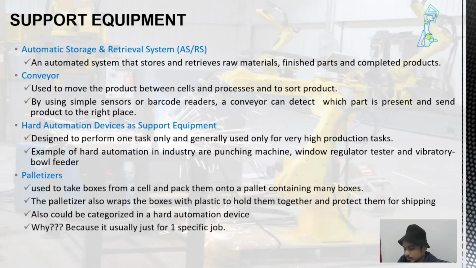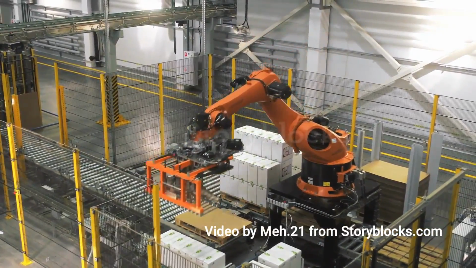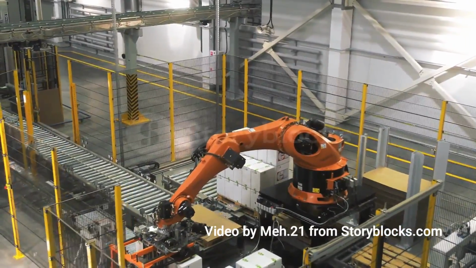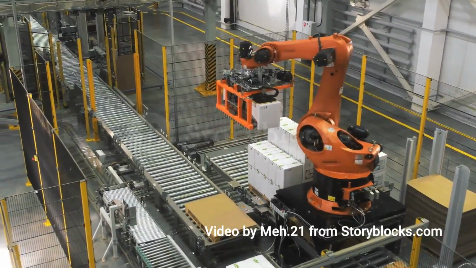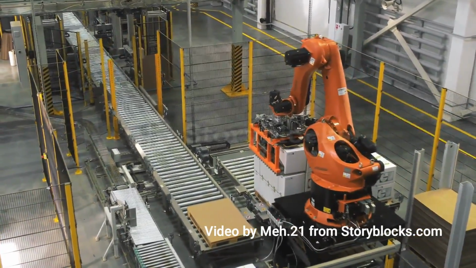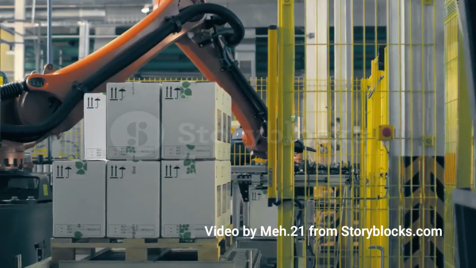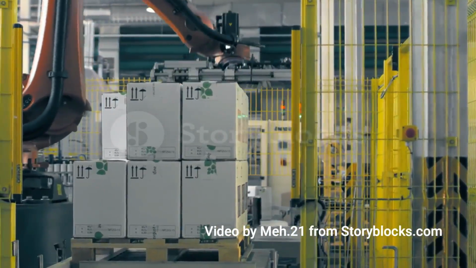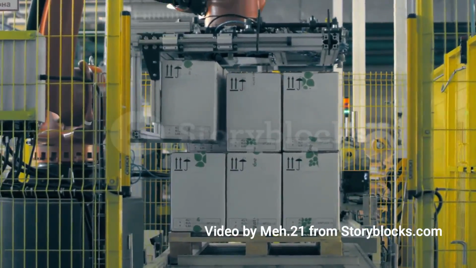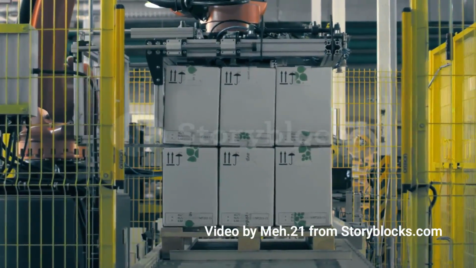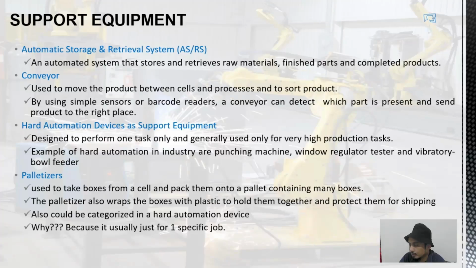A palletizer can also become one of the hard automation tools, because it is specific for one job or one task. Palletizers are very common in the work cell, containing or bringing multiple boxes or multiple products in one pick and place process.